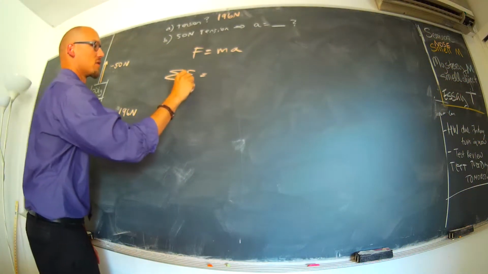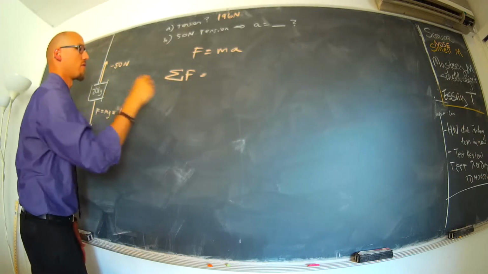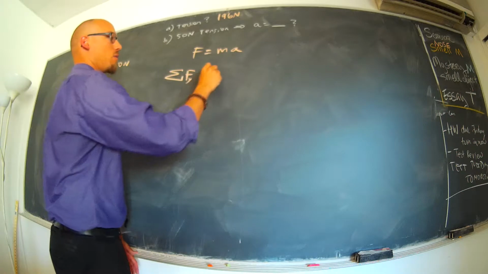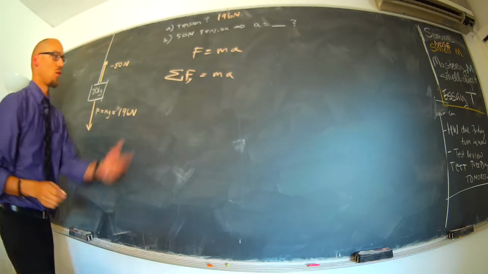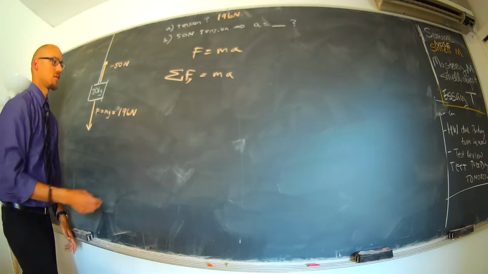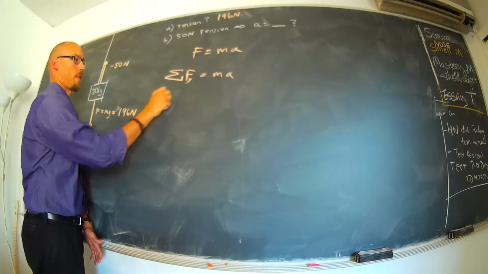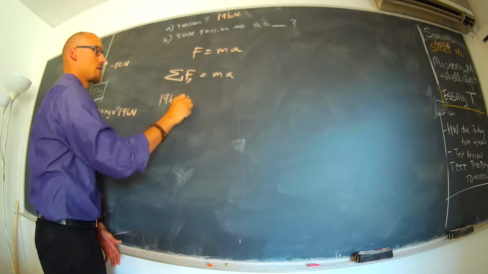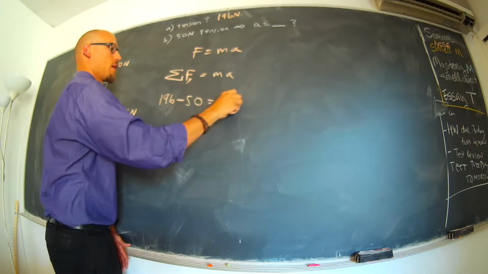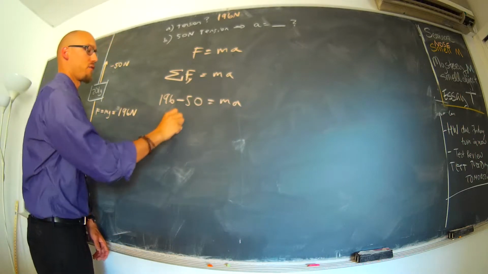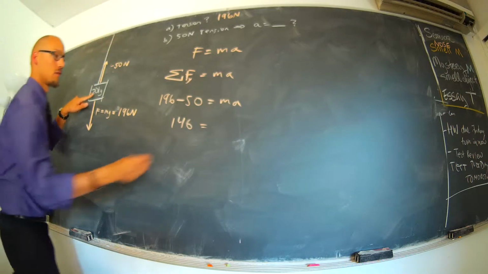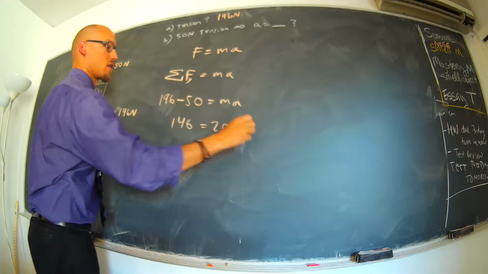So the sum of forces, and these are vertical forces, so we can say F sub y is going to equal the mass times acceleration. So what's the sum of forces? 196 minus 50 is 146. 146 is mass times acceleration. So 146 newtons equals our mass, 20, times our acceleration.